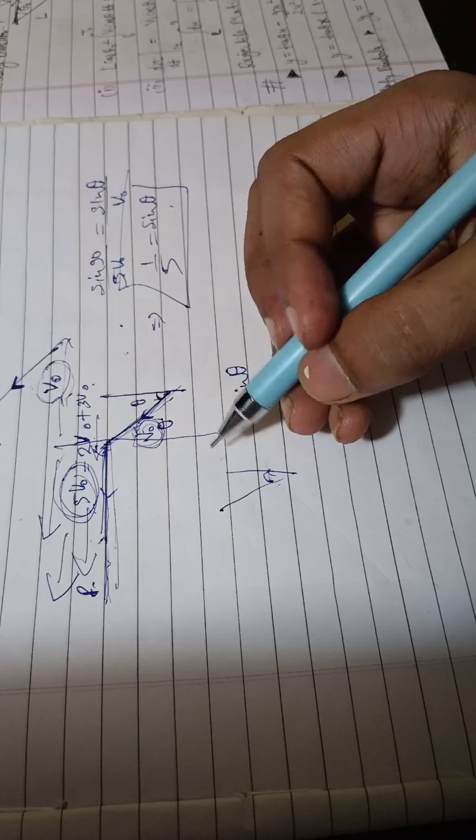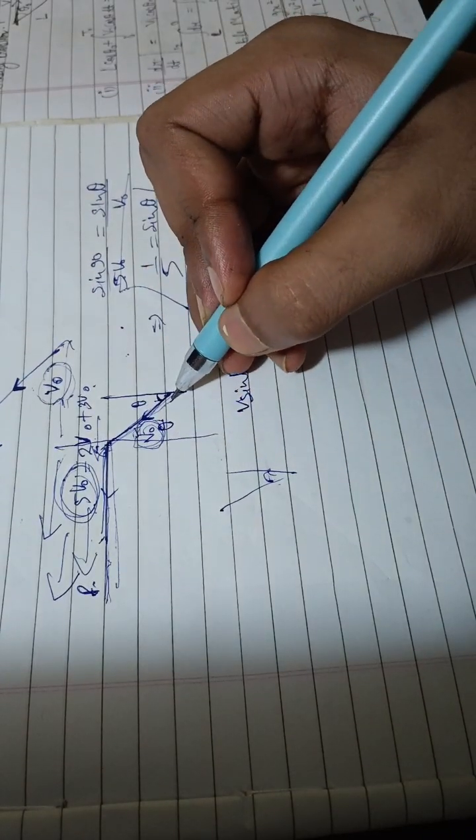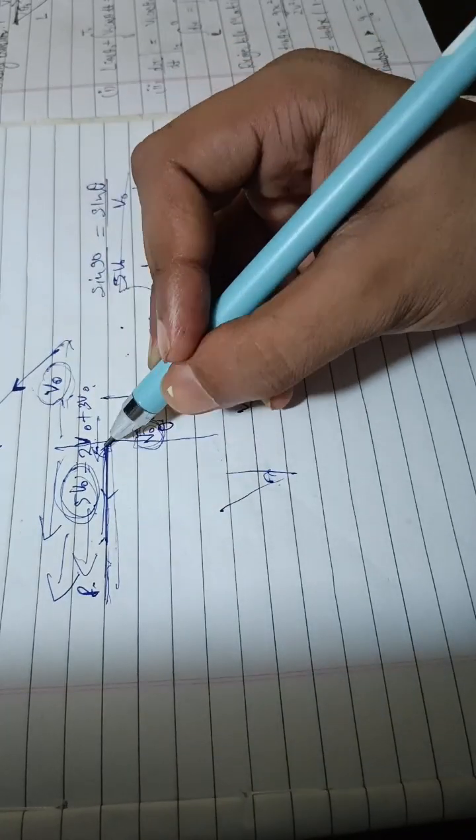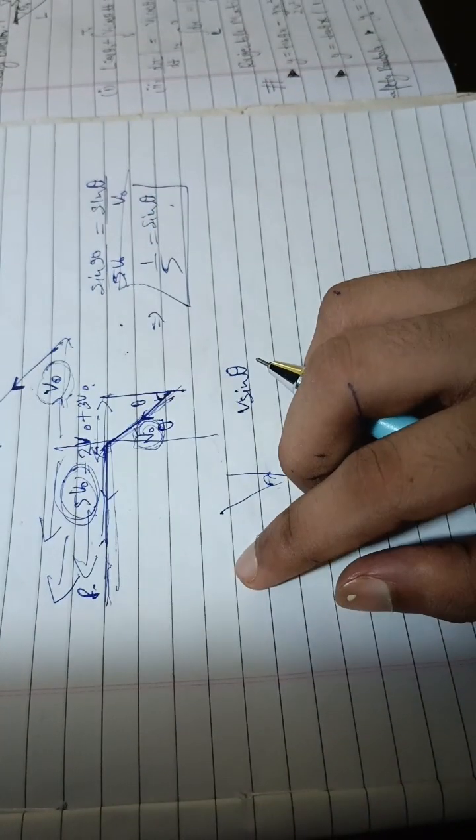Now the particle must move in such a way that it moves like that, not in this direction. The P point must be ahead of it.